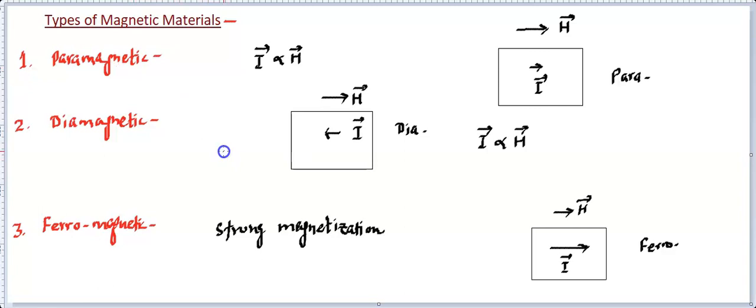So these are the three types of materials: paramagnetic, diamagnetic, and ferromagnetic. They have many other properties that you must go through from a standard book and see what other differences there are.